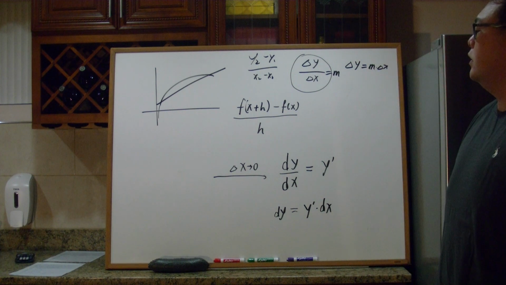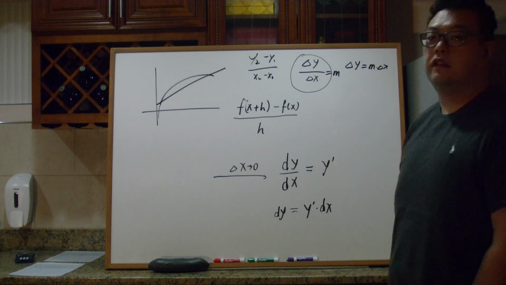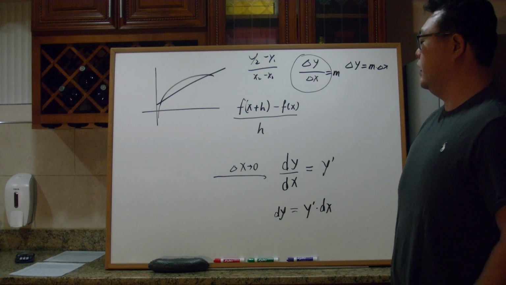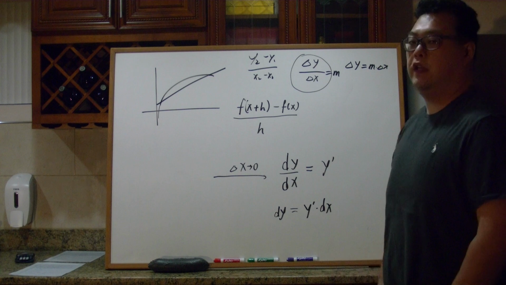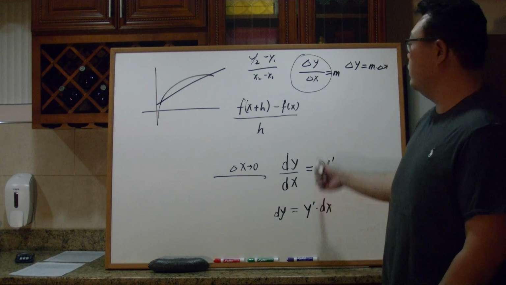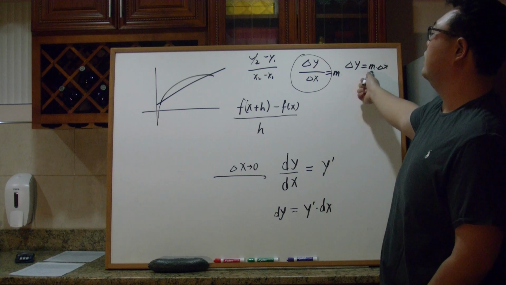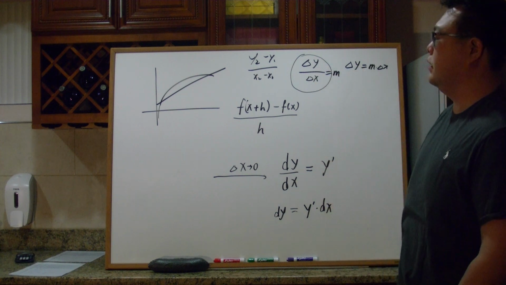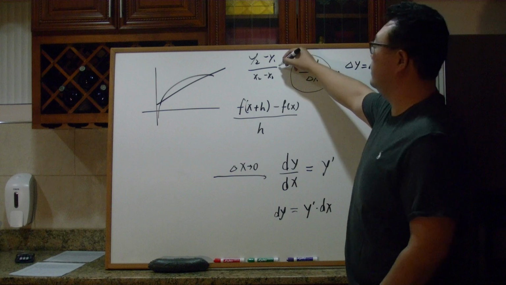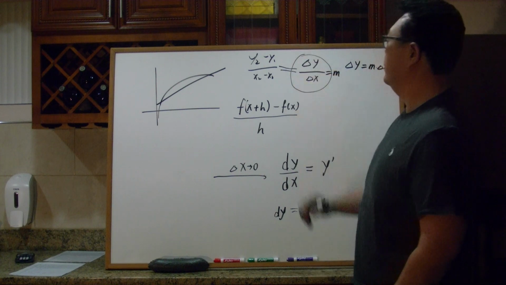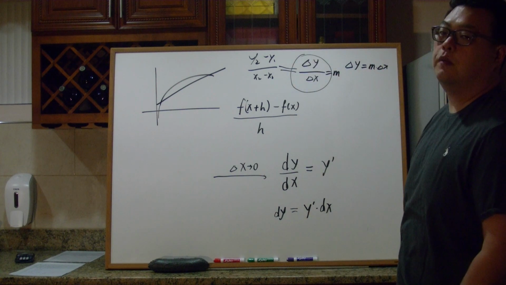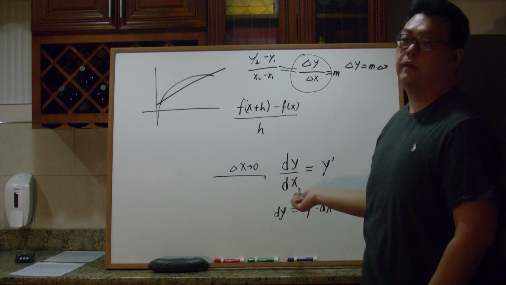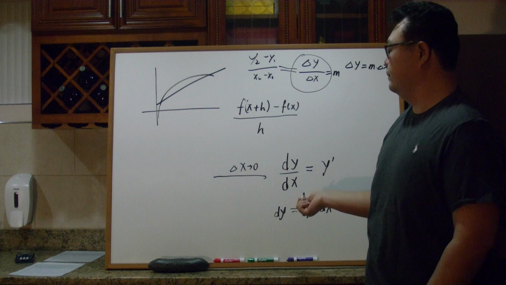Right, so for a function of one variable, dy dx is a separable notation. Since delta y over delta x is the slope, and they are equal, dy over dx is also a separable notation.